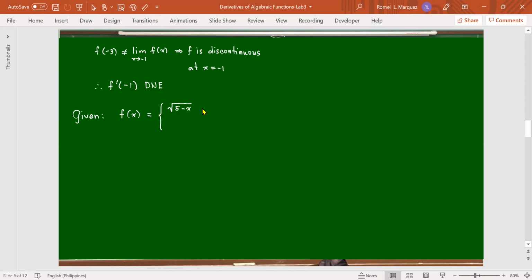5 minus x if x is to the left of 1, including 1. So I have the square root of 5 minus x.